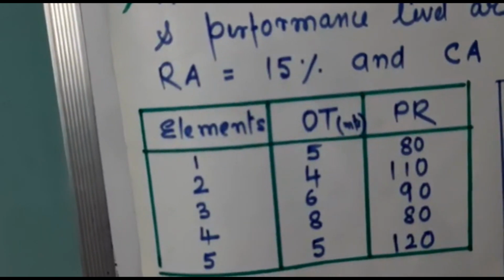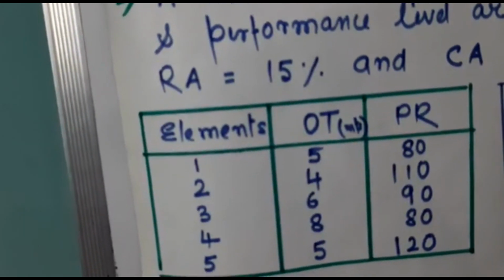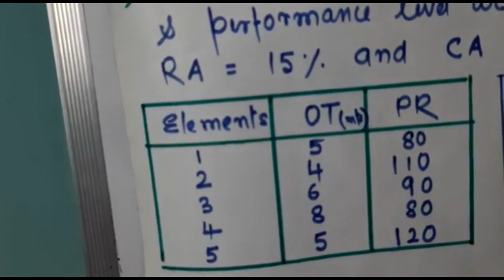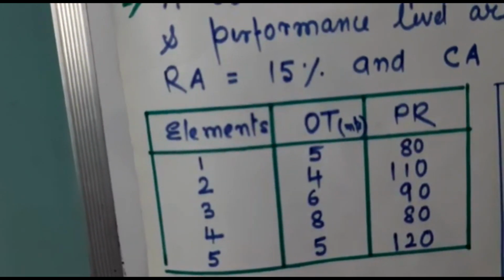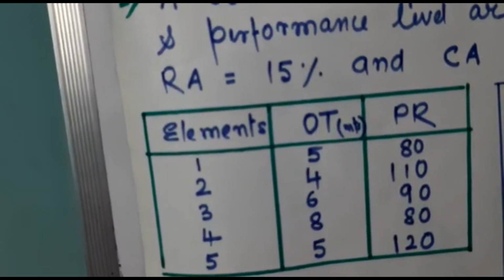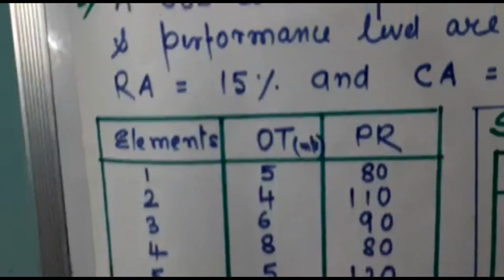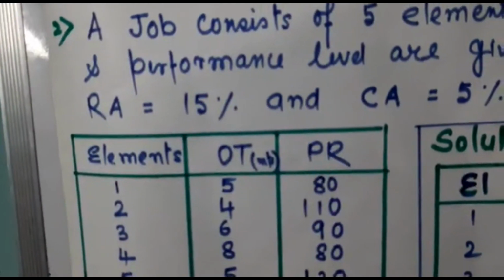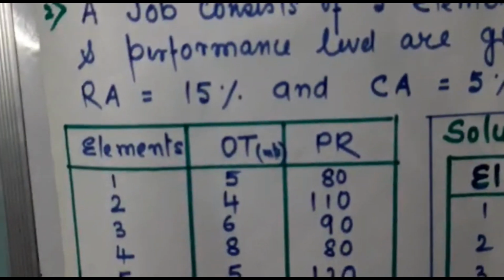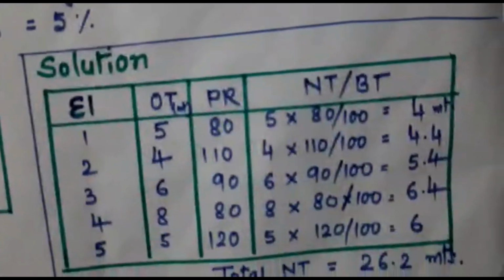The observed ratings are given, and all these elements are carried out by 5 different workers. So their performance ratings are also different, and we have to determine the standard time, right? The relaxation allowance and the contingency allowance are given. So this is the solution.